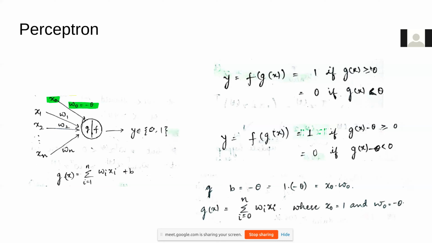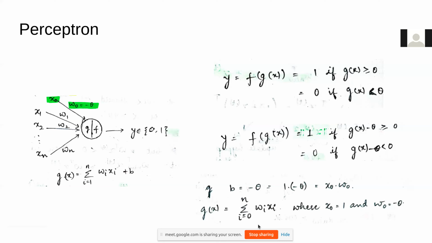Initially this threshold theta, we were choosing the threshold so that we assign the label to this g of x, but now this theta is itself part of the model, which we can learn depending on whatever data we are giving. So now g of x becomes the sum for i equal to 0 to n of wi xi, and please note that here i has started from 0 instead of 1.